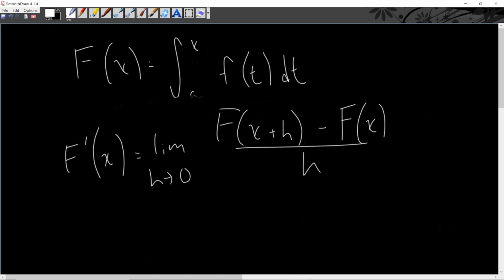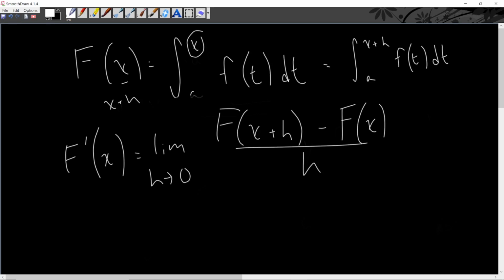And now, if we have this input, x, our output is going to be this integral. If we had x plus h as our input, our resulting integral will be the integral from a to x plus h of f of t dt.